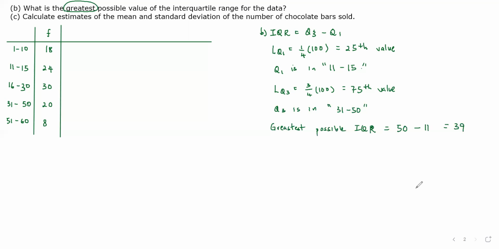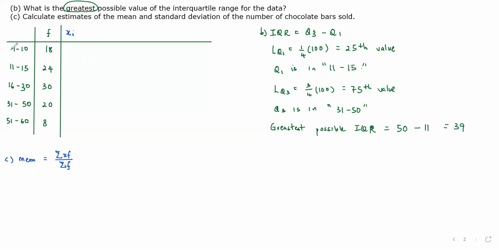Part C, calculate estimates of the mean and standard deviation of the number of chocolate bars sold. The mean is given by the sum of xf over the sum of f. x is the midpoint, so we need to find the midpoint of each class. To find the midpoint, we take the lower class limit, add the upper class limit, and divide by 2.